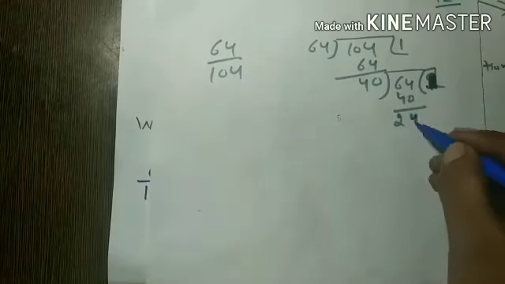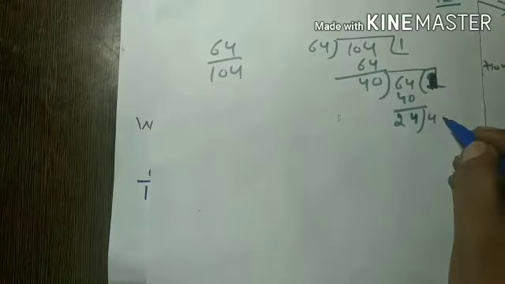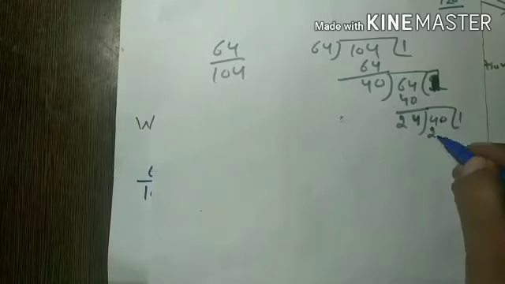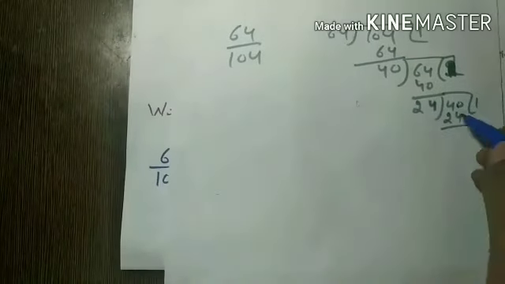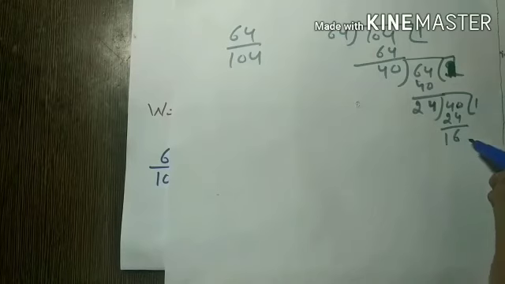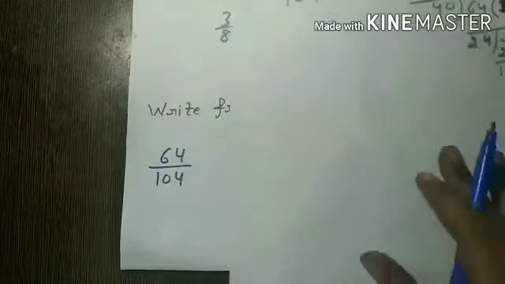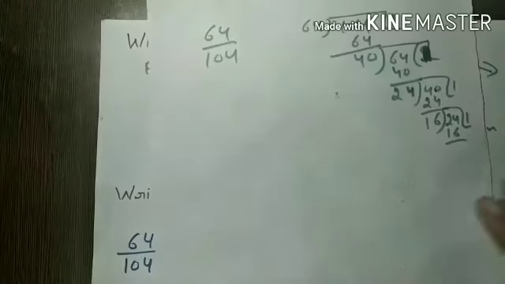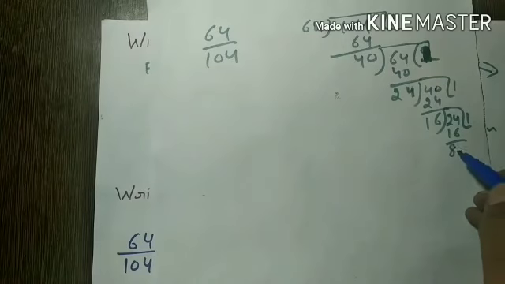Now I will divide 40 by 24. 24 ones are 24. Again the remainder is 16. Now 24 by 16. 16 ones are 16. Again the remainder is 8.